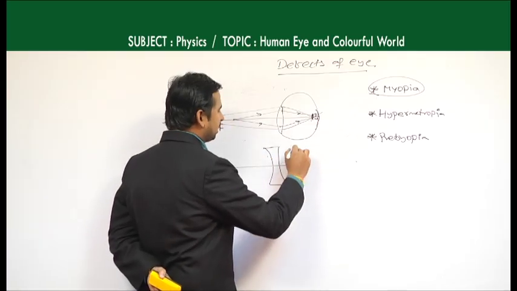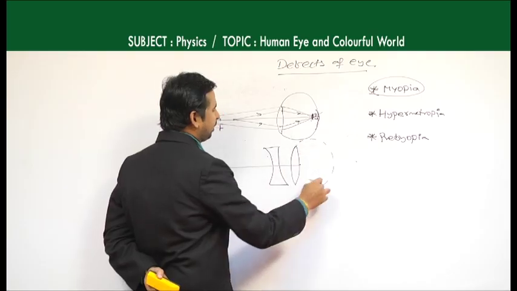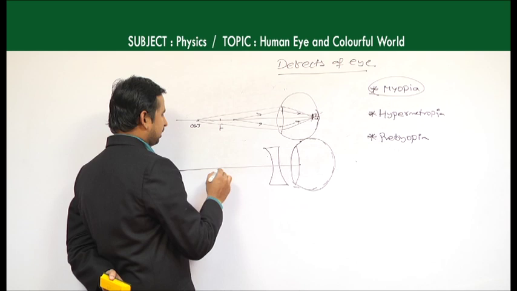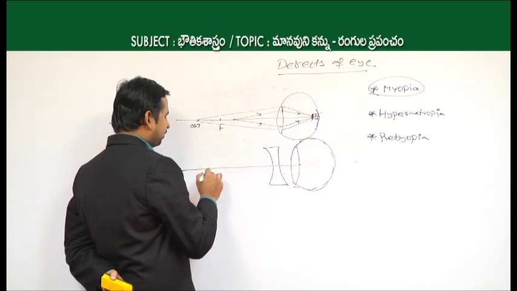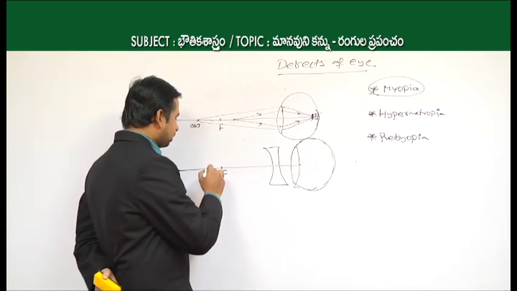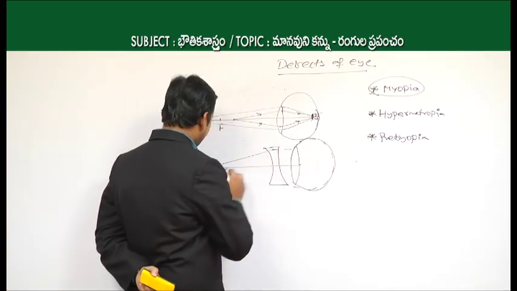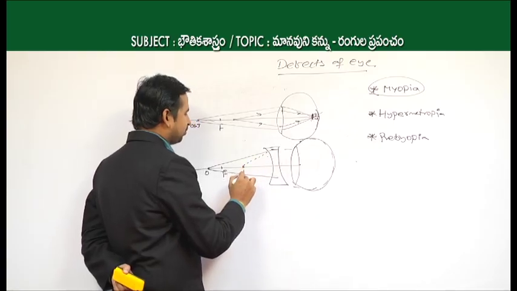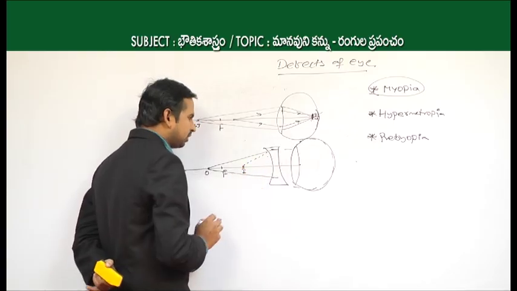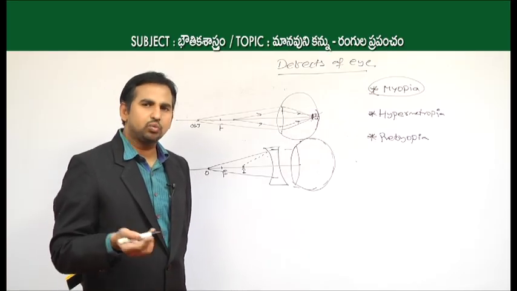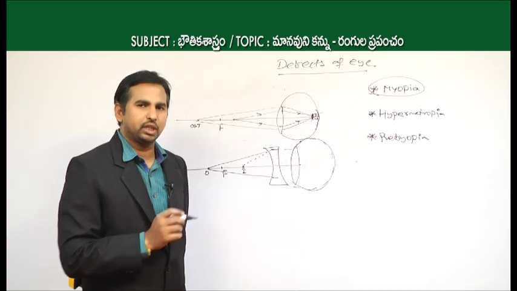If you place the concave lens before the object, then for an object placed after the far point, whenever those light rays enter, the image is formed before the lens. Our concave lens forms a virtual image, and that virtual image forms before the lens only.